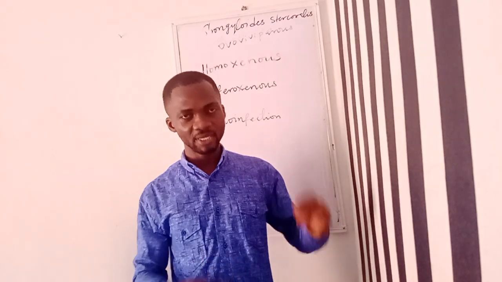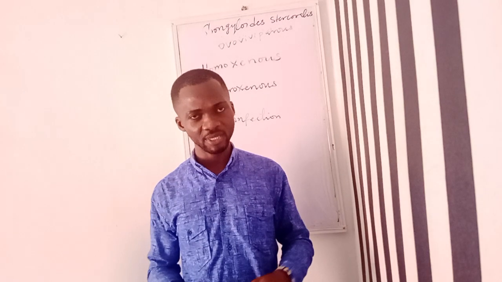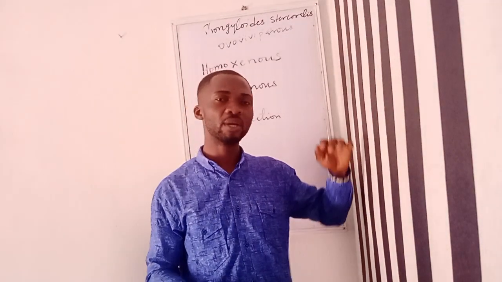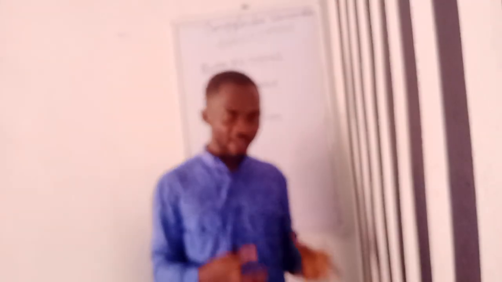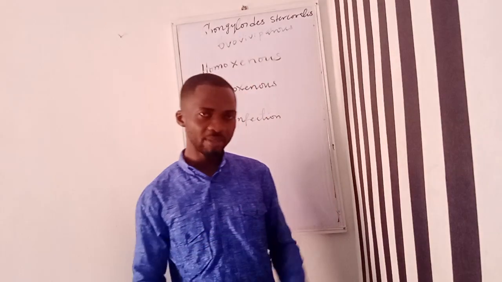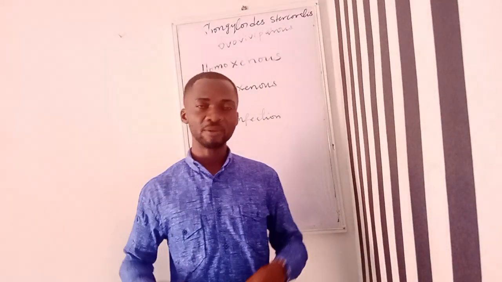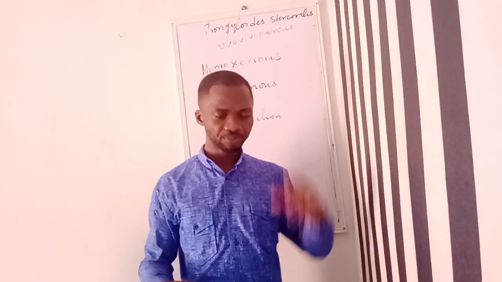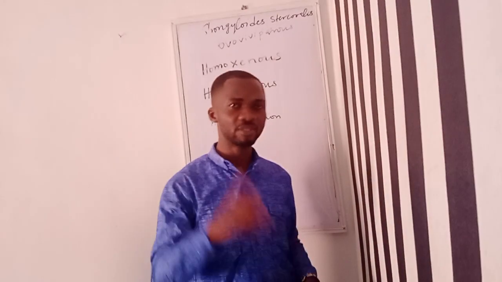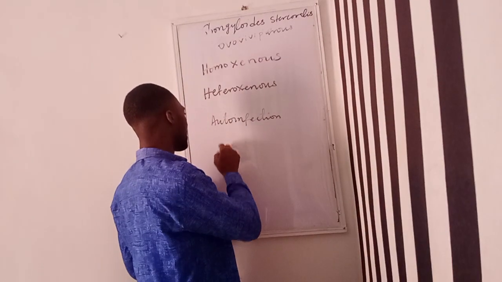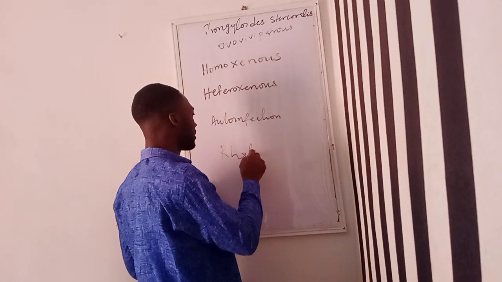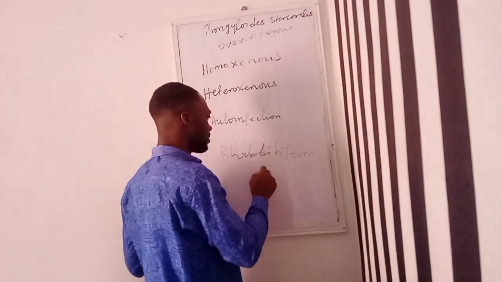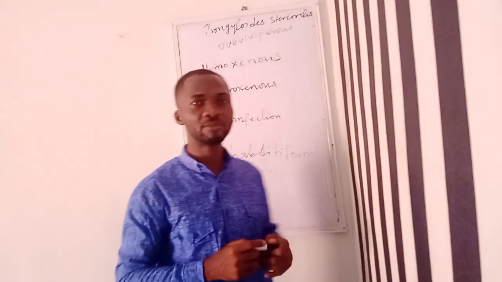Now, the name of the disease the individual suffers from is strongyloidiasis. When such an individual passes out feces, the larva passes out with the feces into the external environment. Within this external environment, the larva is the L1 larva, and the L1 larva is still called the rhabditiform larva.